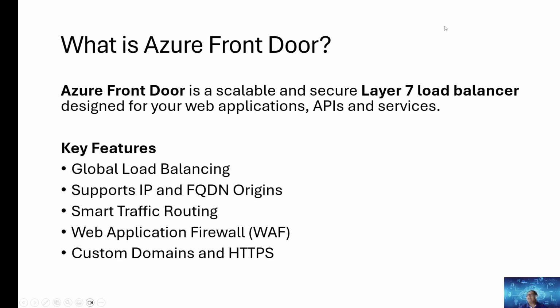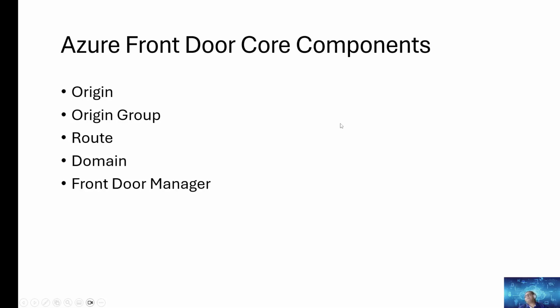So let's go through some core components of Azure Front Door. Let's take a bottom-up approach to understand the core components. Let's start with the origin. Your backend service might be your web app, API, or your storage account. It can be any of the services supported by Front Door that receives traffic routed by Azure Front Door.